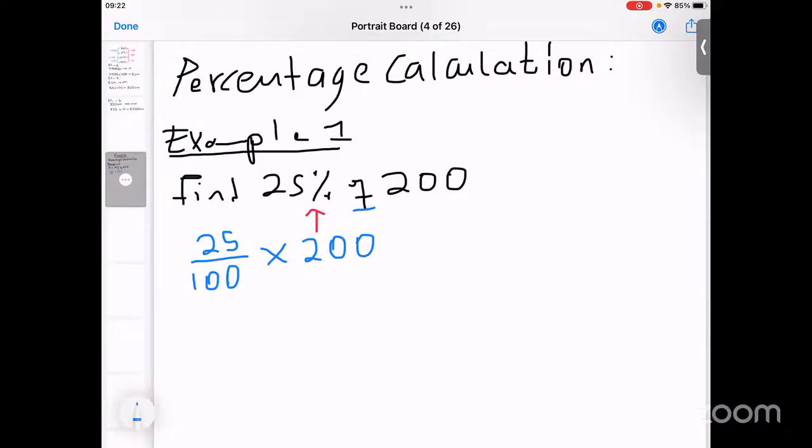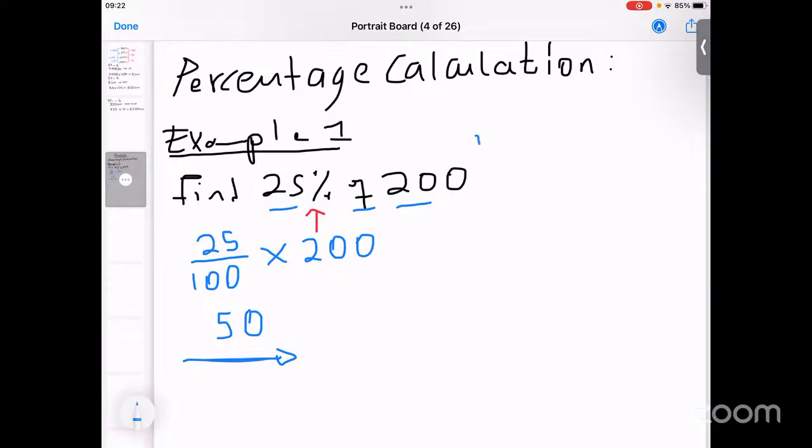Trust me when I say it is going to give you a 50. So that means the answer is equal to 50, which means 25% of 200 is 50.